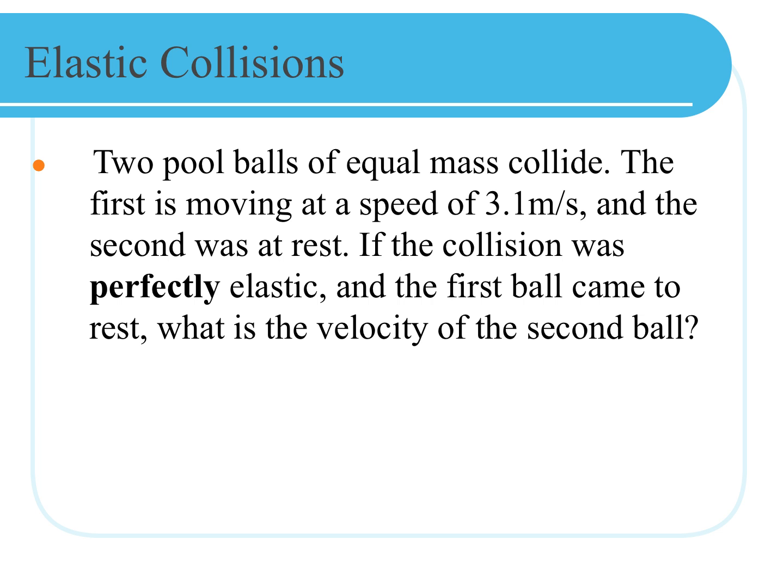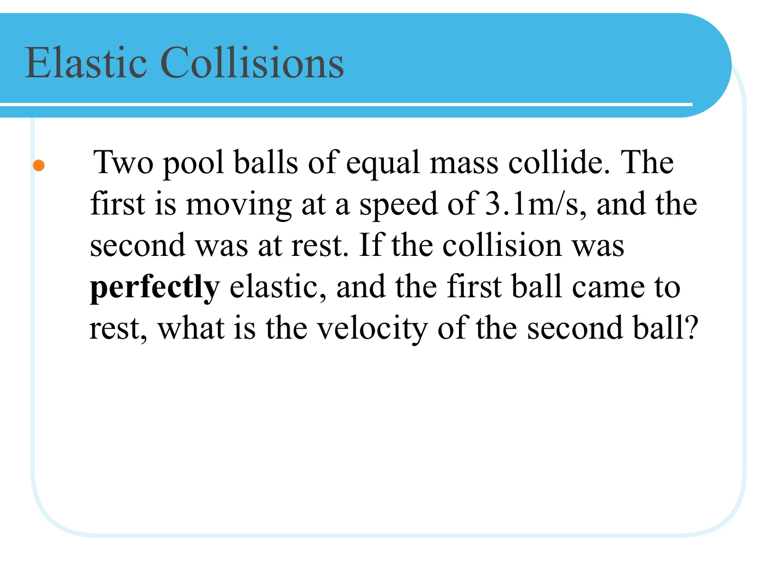Okay, let's try this one. It says 2 pool balls of equal mass collide. The first is moving at a speed of 3.1 meters per second, and the second is at rest. If the collision was perfectly elastic and the first ball came to rest, what is the velocity of the second ball? Do we need to do the math?